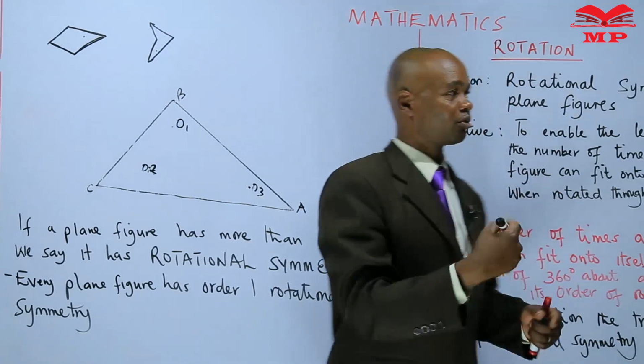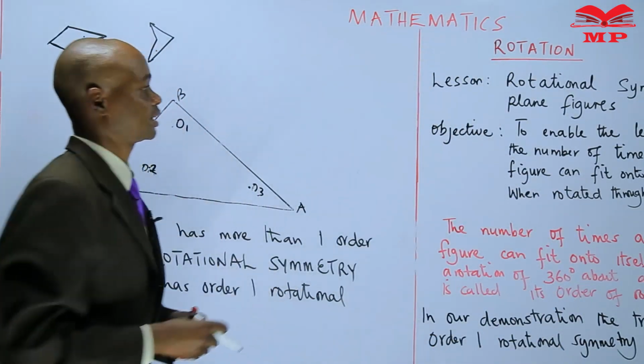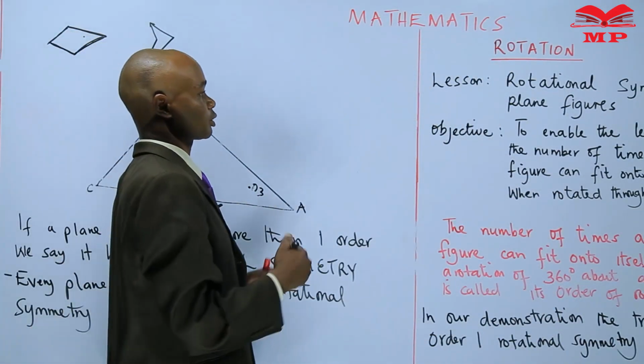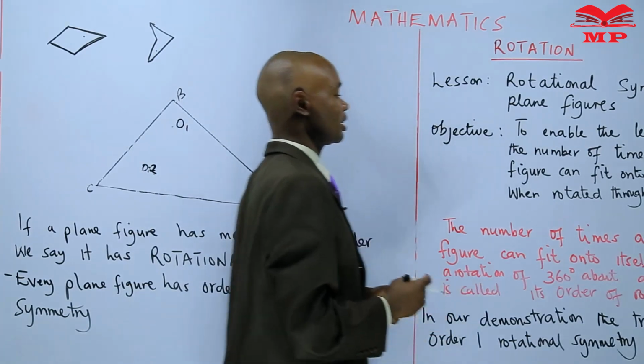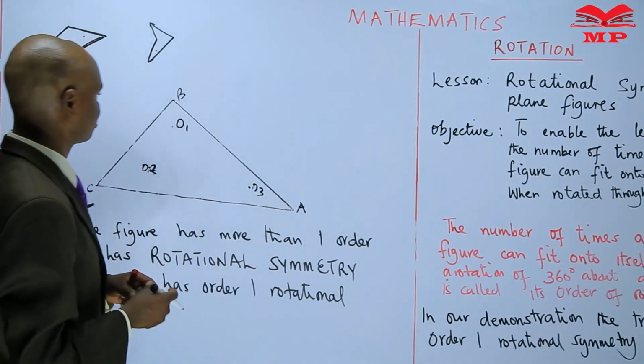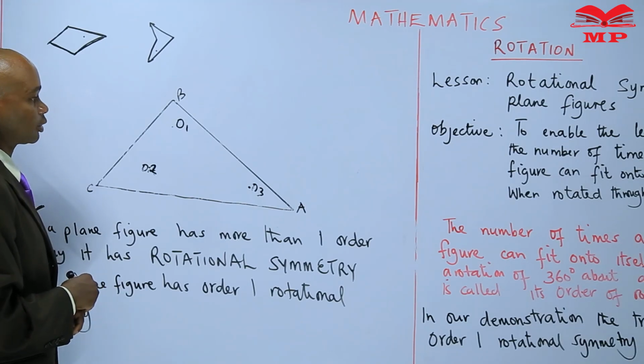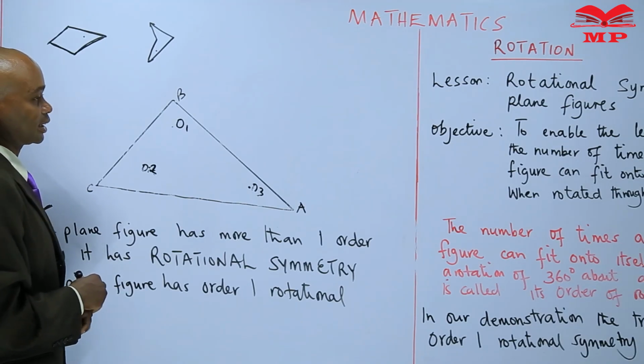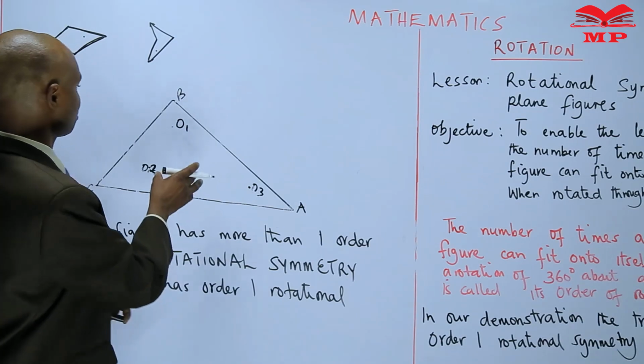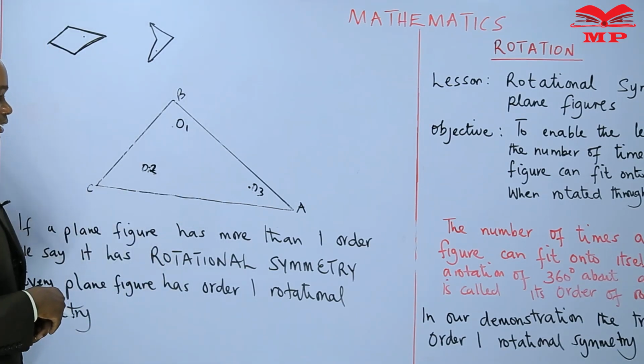So we recap what we've gone through in our lesson. Our objective was to find how many times a plane figure can fit onto itself in a rotation of 360 degrees about a point within itself. We chose the points within itself.